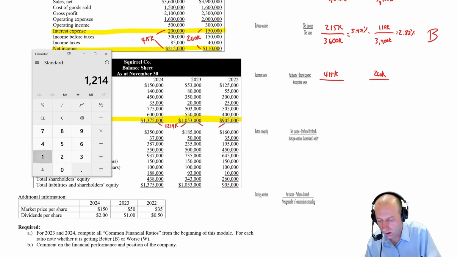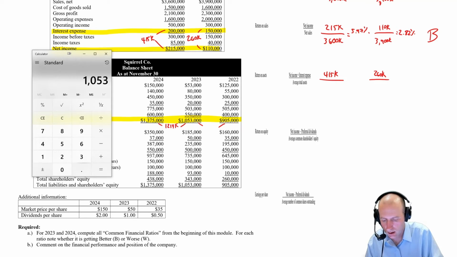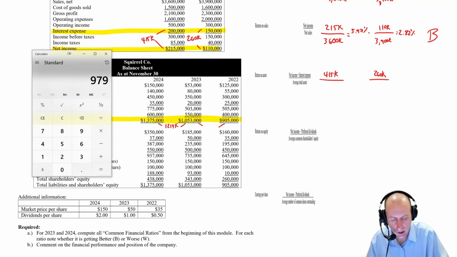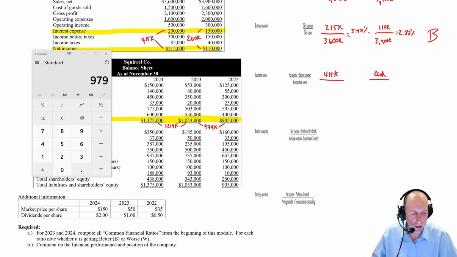And the year before, 1053 plus 905, divide by 2, and we get 979. So my denominator here is the average total assets, 1214 and 979.